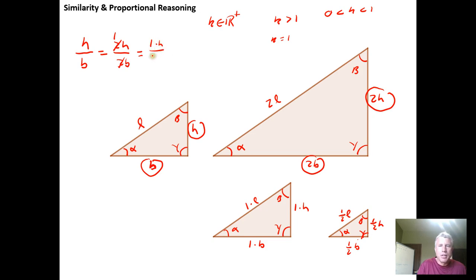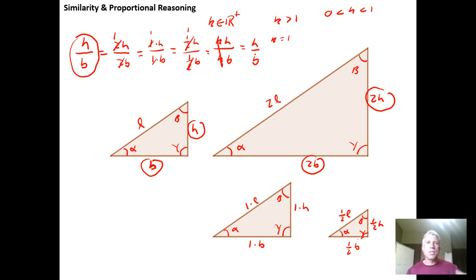The scalar reduces to a 1 by division. So if we take 1/2 of h over 1/2 of b, the halves will cancel, and you'll get 1 times h over b. Hey, we get this invariant or constant ratio. In fact, for any positive real number k, k times h divided by k times b is just going to be h over b.